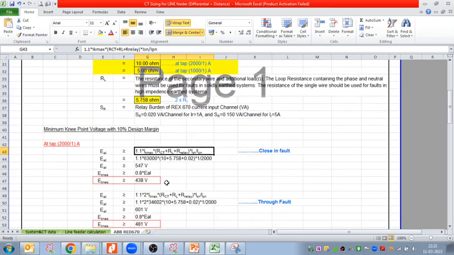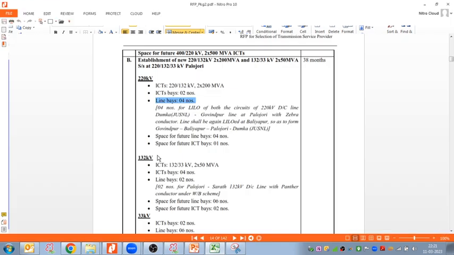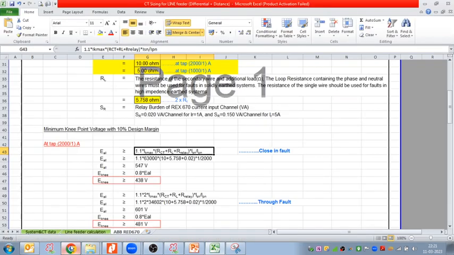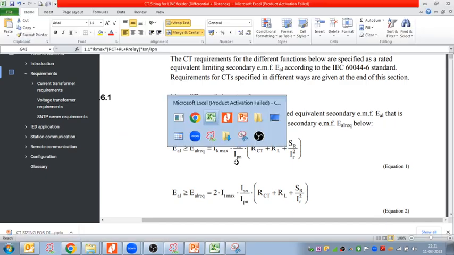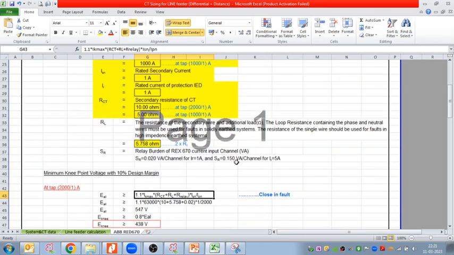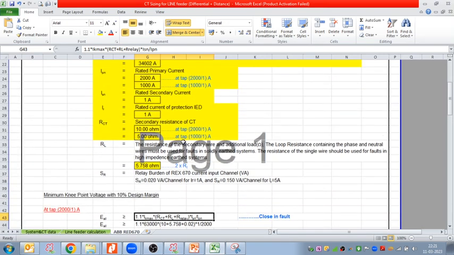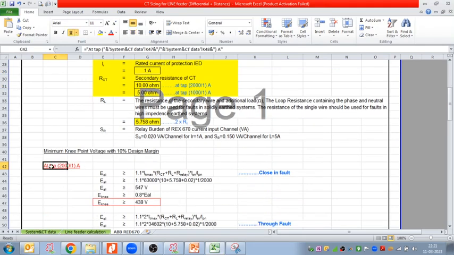So Ik max into ISN divided by IPN. ISN is 1 divided by the primary current. Now we have two tappings, 1000 and 2000 for the CT, so we need to calculate the knee point voltage for both the tappings. Suppose I am taking the 2000 ampere tap, so 2000 by 1 ampere.